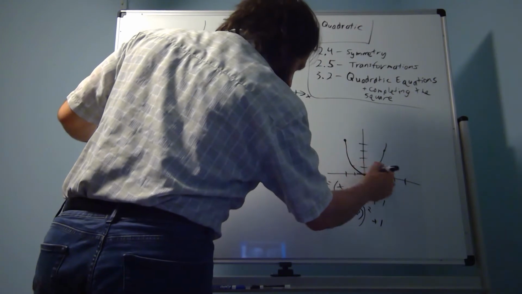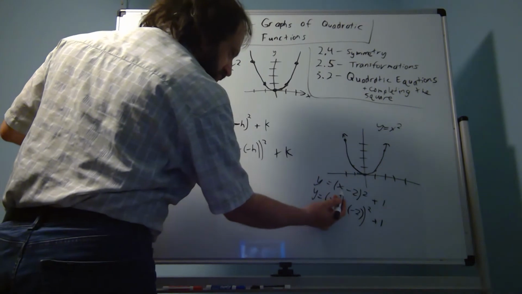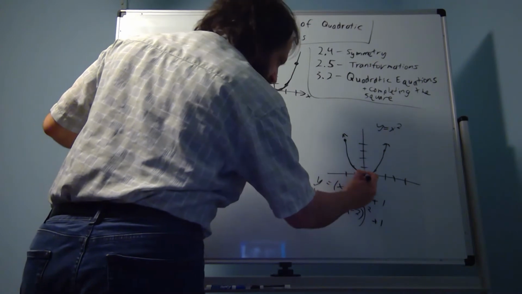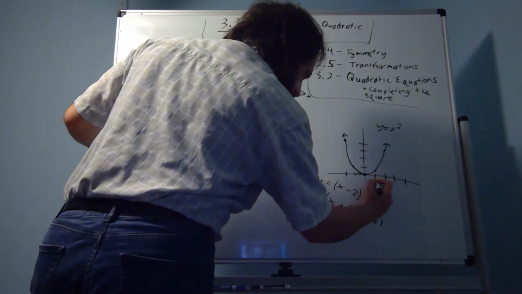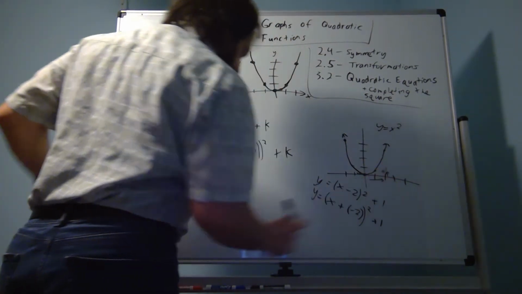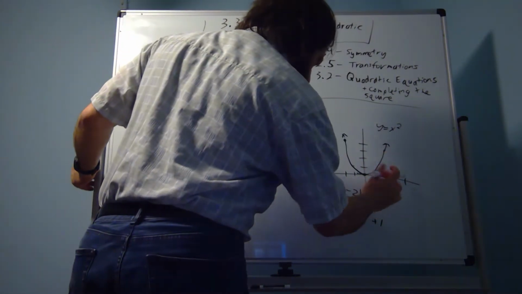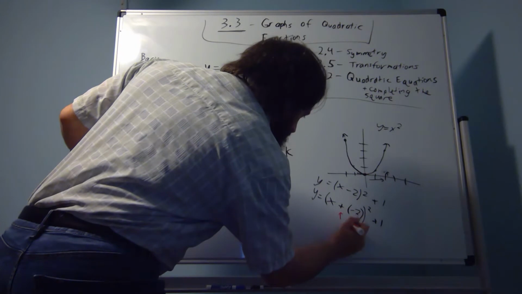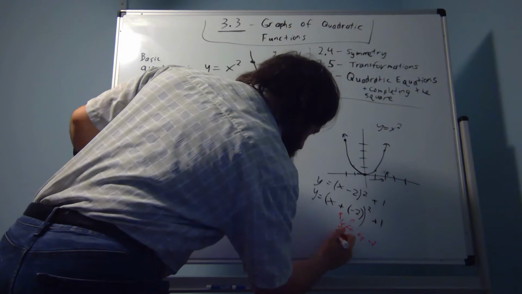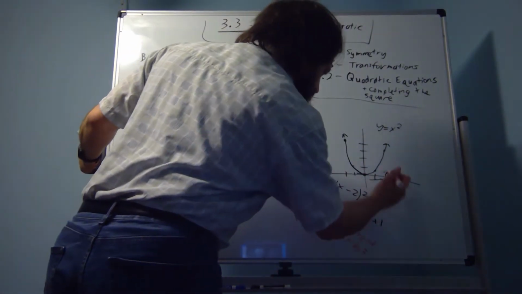This isn't the final picture, this is good old y equals x squared, but we move to the left by -2. We move to the left by -2, then that means we're moving to the right by +2. And we move up by 1. Let's do a new color. I put a plus here because it's left by -2, which is the same as right by +2. So we move right by 2 and we move up by 1.